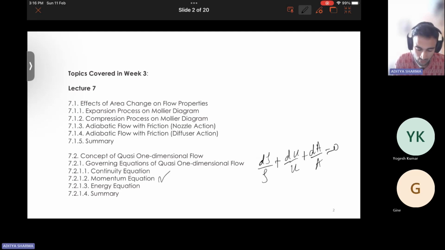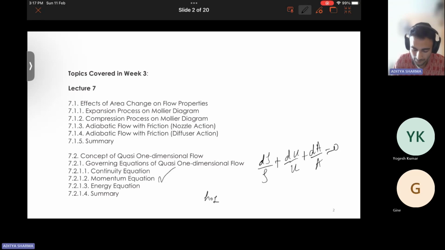Then the momentum equation was also discussed: P1A1 plus rho 1 U1 square A1 and so on. And then its differential form was also introduced in the lectures. Then there was the energy equation, based on conservation of energy.